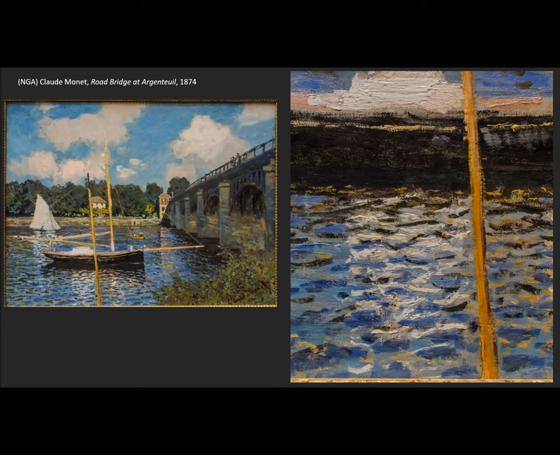And that these patterns of light change moment by moment. That if you start a canvas at noon, if you're still working on it at 2 o'clock, the light is going to be different. And so what Monet wants to get across is the idea that somehow he could get it instantaneously. Right? He can capture the light of a particular moment.